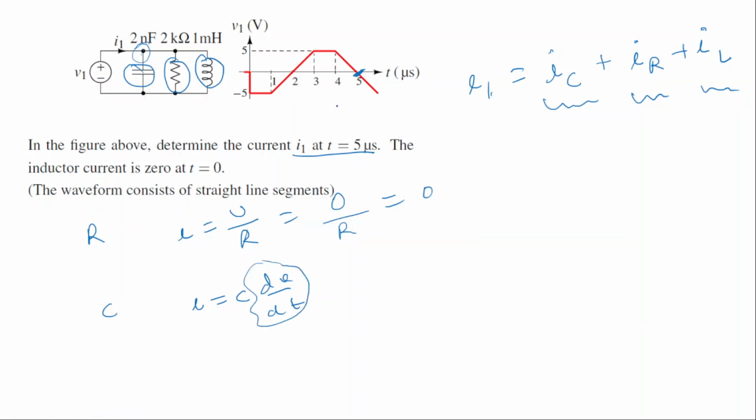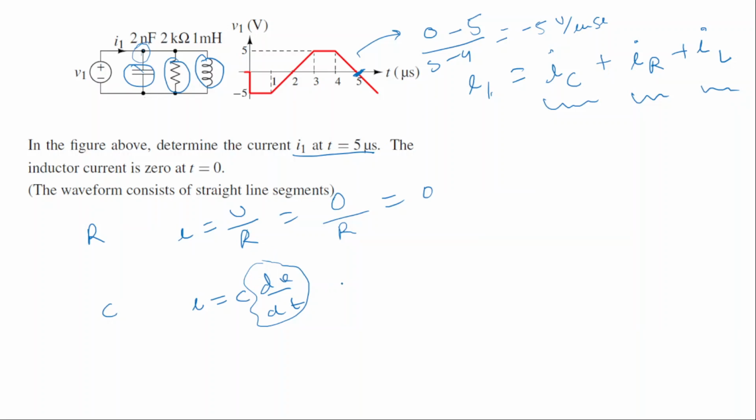We can calculate it like the previous problem: 0 minus 5 divided by 5 minus 4, which is equal to minus 5 volt per microsecond.